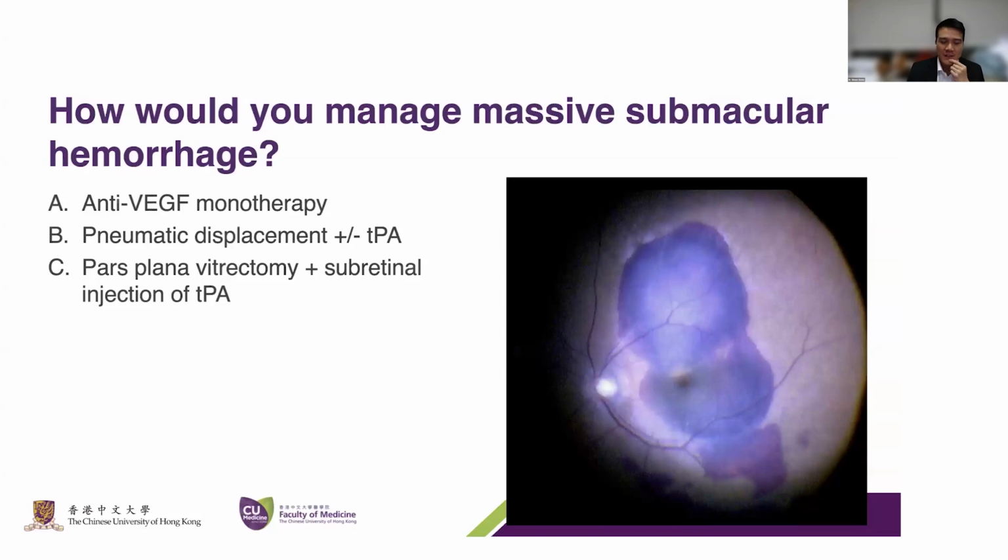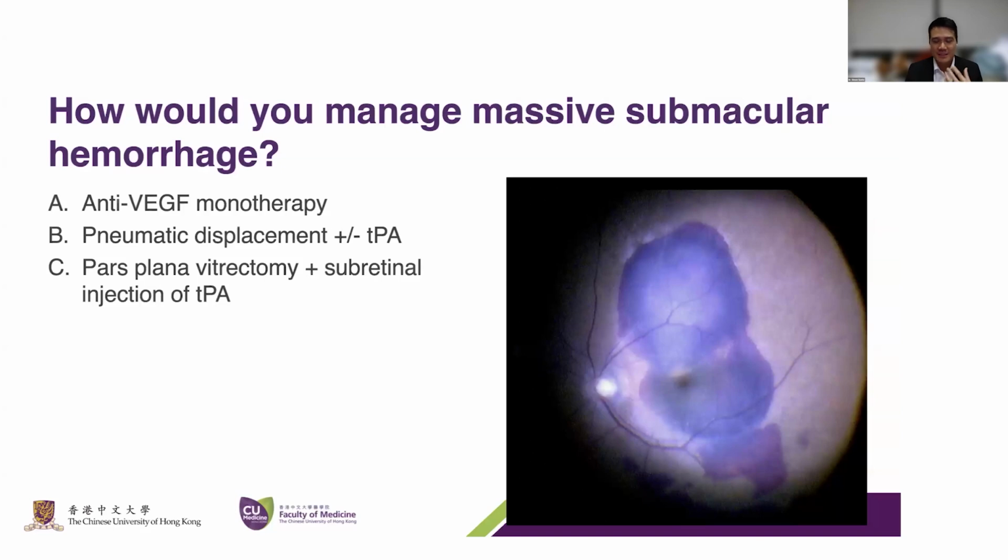And also, for example, in my part of the world, in Asia, we have more polypoidal choroidal vasculopathy compared to neovascular AMD, let's say in the Caucasian population. So in my practice, we do actually see submacular hemorrhage quite often, like maybe 3 to 4 cases per week. But the presentations can be very variable.